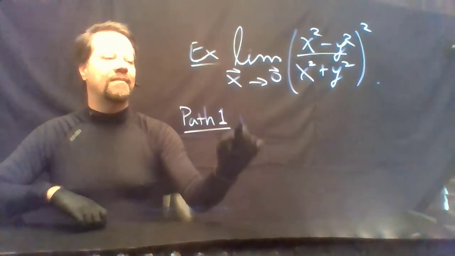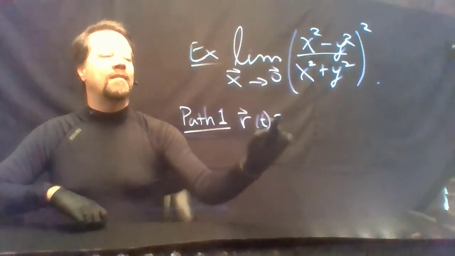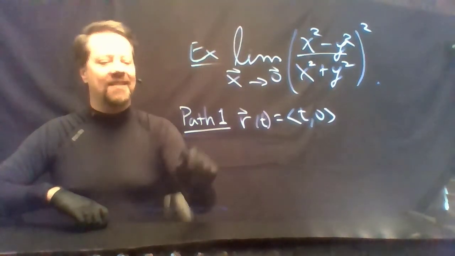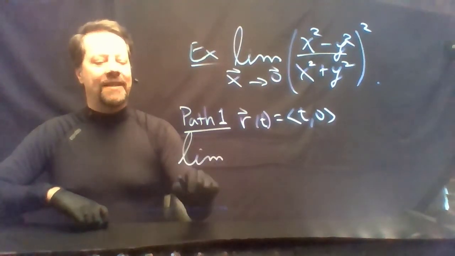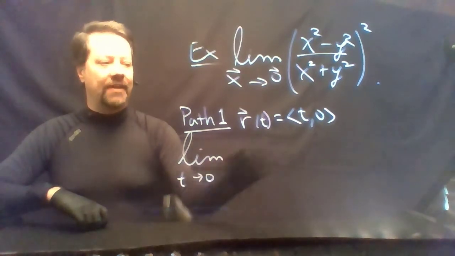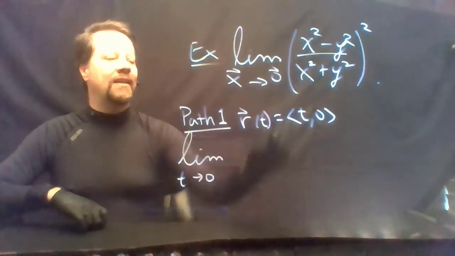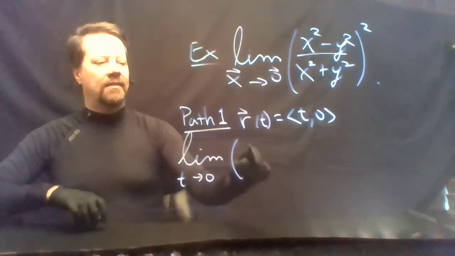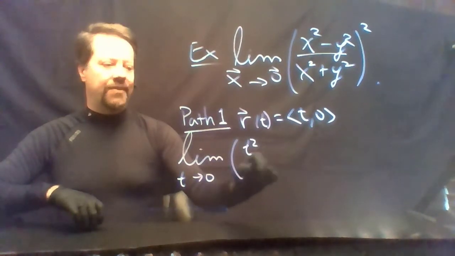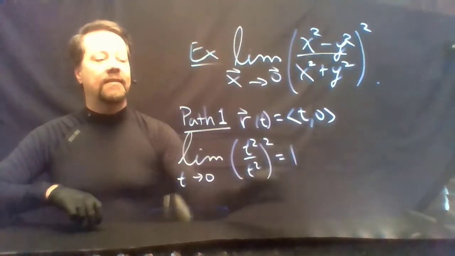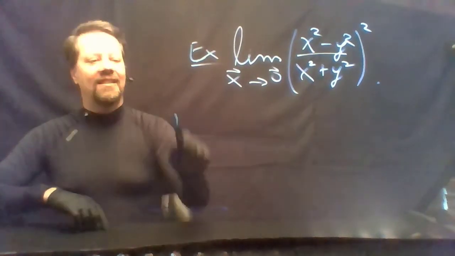Path 1: r of t equals (t, 0), the x-axis. If we take the limit as t goes to 0, you'll end up at the origin. And when you plug in y equals 0, x equals t, you'll get t squared minus 0 over t squared plus 0 squared. The limit is clearly 1.